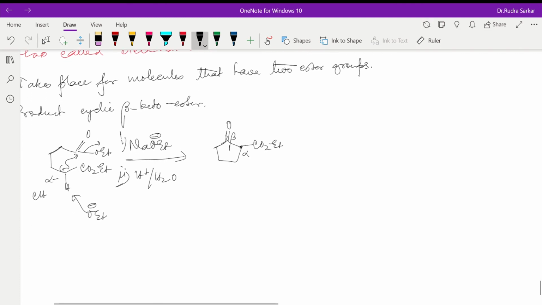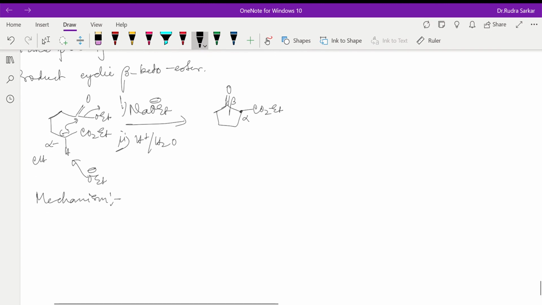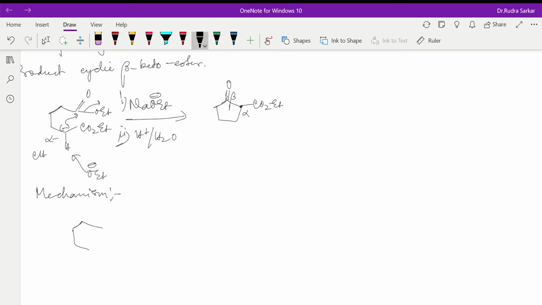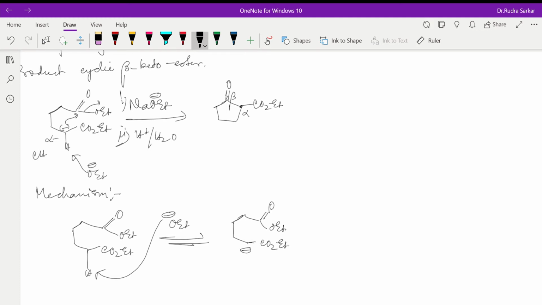Let's do the mechanism. How this is happening. Suppose that is your ester group. This is your another ester group. You have used ethoxide. This has a hydrogen. This is taken up because it is an acidic hydrogen. Now this is your OEt, CO2Et. Here is your minus.